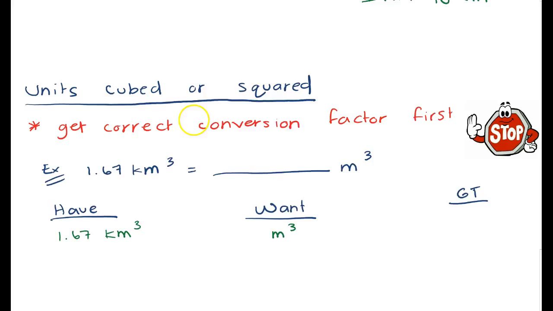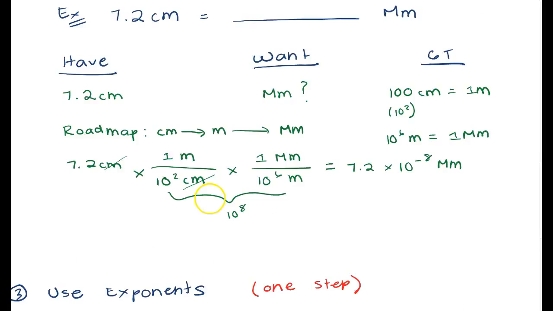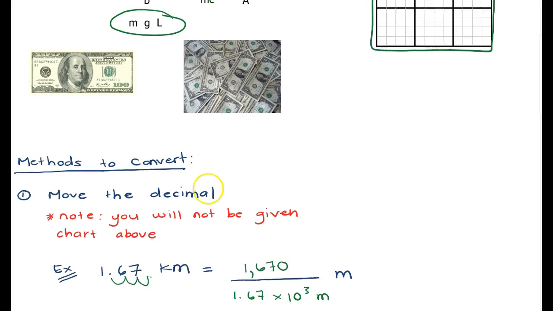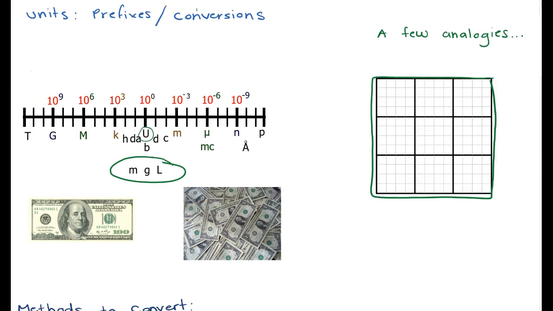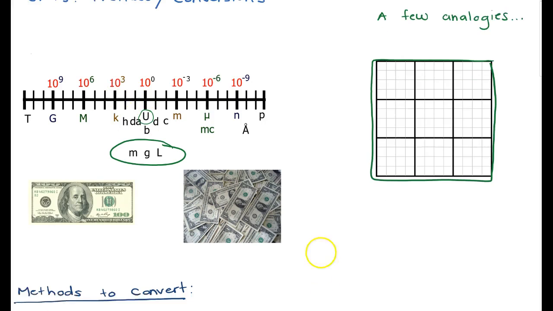Okay, so let's go back up to the top. If we are going to kilo, we're starting with our unit. We have 10 to the 1, 2, 3.